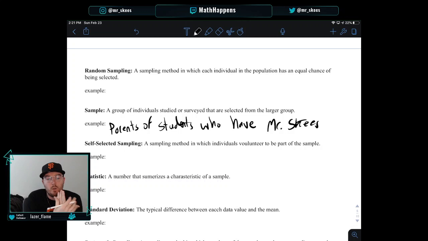And that's a good representation because I have sophomores and juniors and seniors, and I have the occasional freshman. I literally have every grade level. So if we talk to the parents of my students, honestly, we have a relatively good representation of the school.